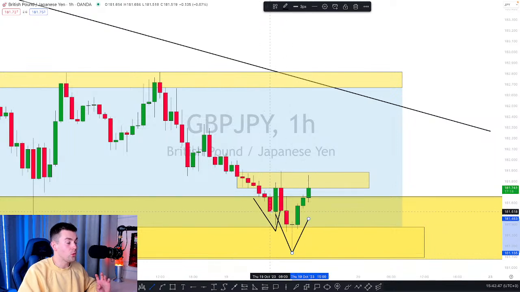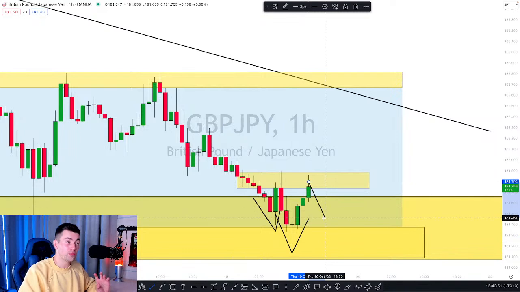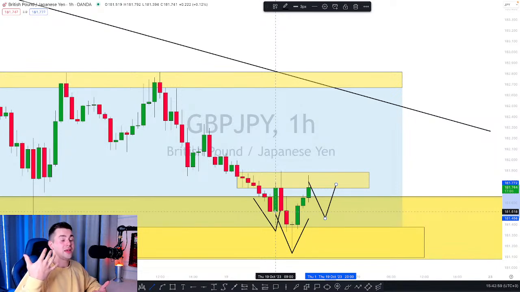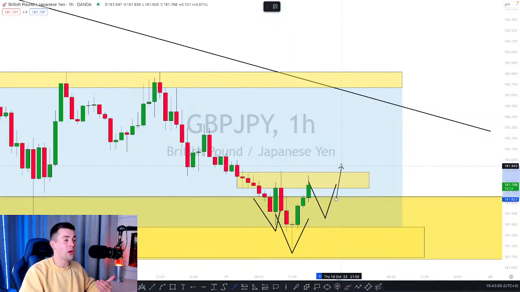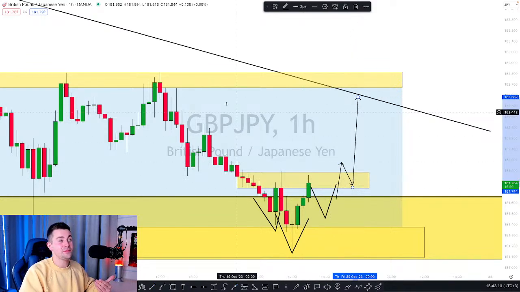Yes, we already formed the left shoulder, we formed the head, and now we may form a right shoulder. So for the long day trade, for buying pound yen intraday, watch that potential formation. Wait for a breakout of the neckline of the pattern, and then anticipate a bullish movement to the resistance of the range.